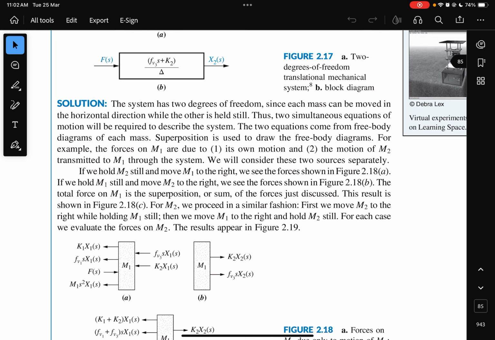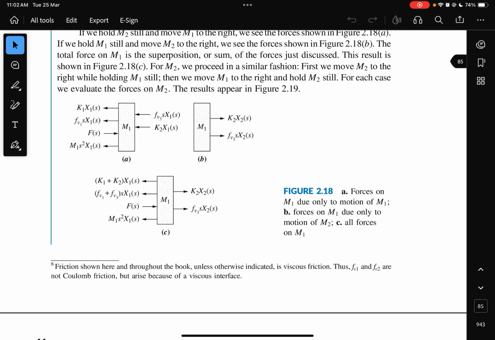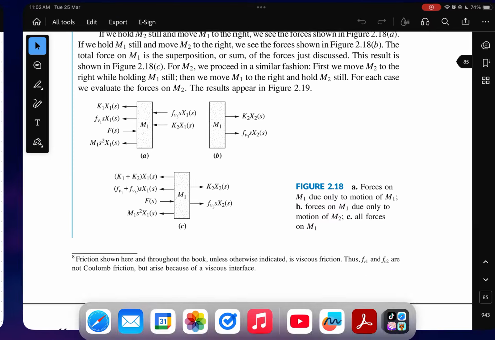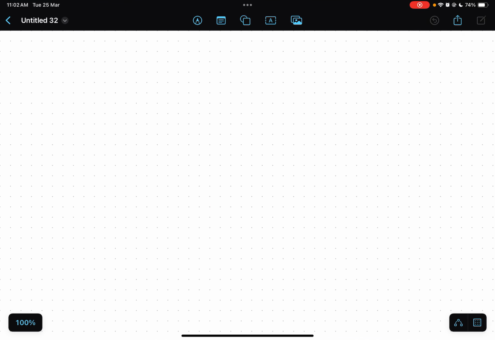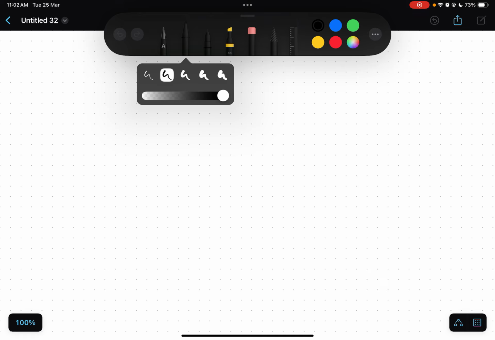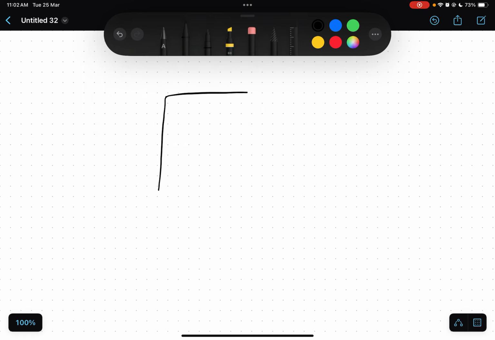So you can read that, but I'll show you in the free body diagram how to do that. Okay, give me a second. For the first one, we have a situation where we have this block, this mass, M1.